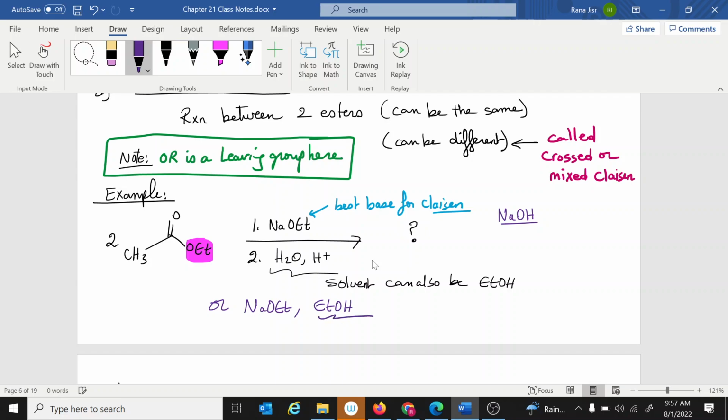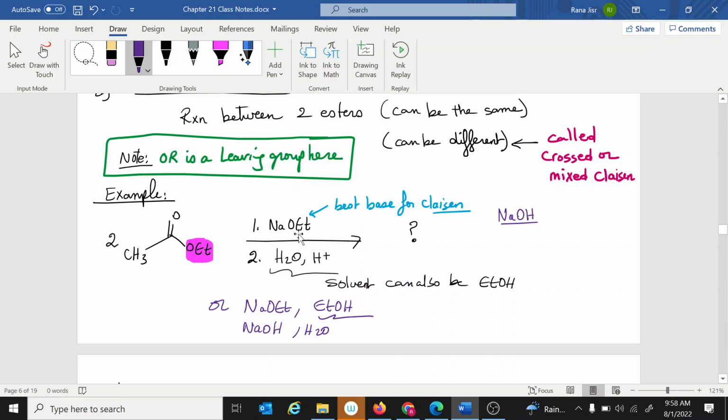But the point is that whatever comes next after the NaO ethyl needs to be a solvent. So the solvent can be either H3O+, or it can be the ethanol in there. It really doesn't matter. If you're using NaOH, it's better to use water as a solvent.